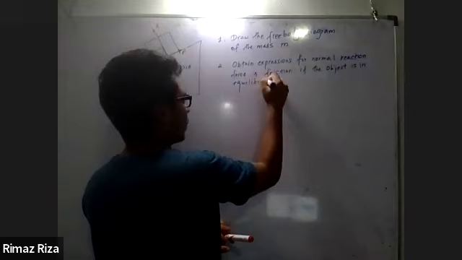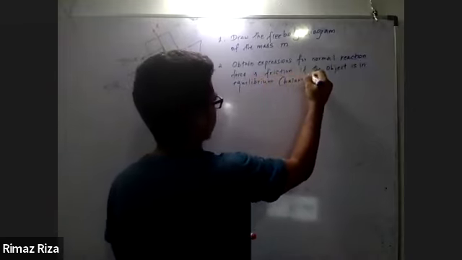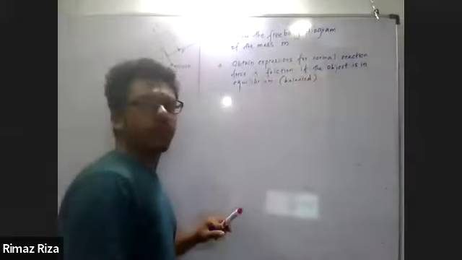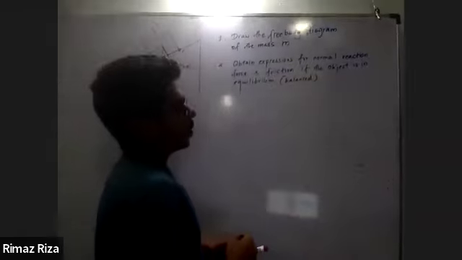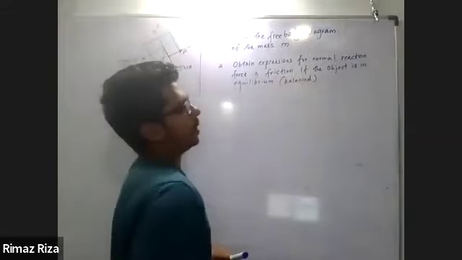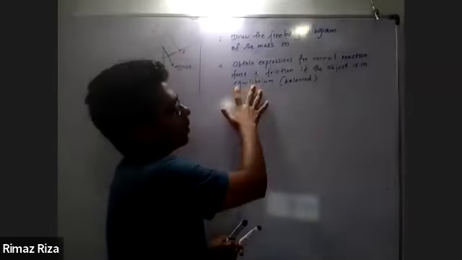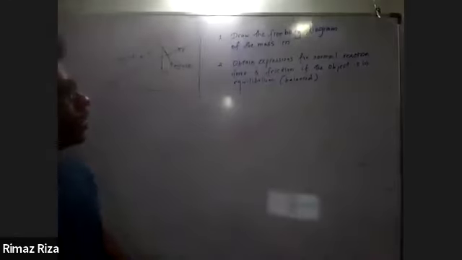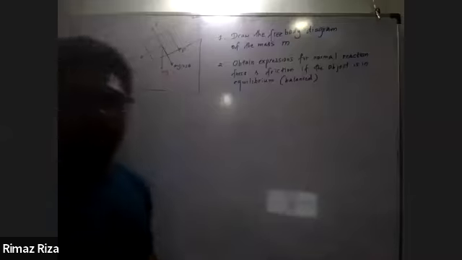Equilibrium, or I can say balanced. Samatulita, equilibrium. Balance is not a good word, but to guess the meaning, just only for this time you can. The best word is equilibrium. Samatulita. Okay. Obtain expressions for normal reaction force and friction if the object is in equilibrium. Okay.